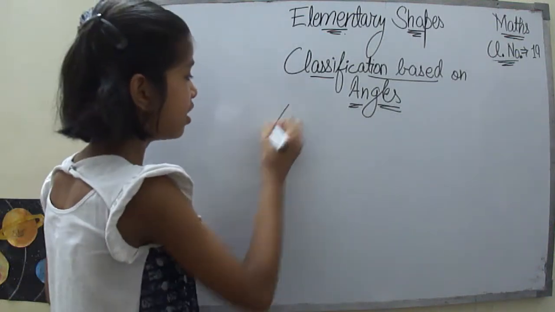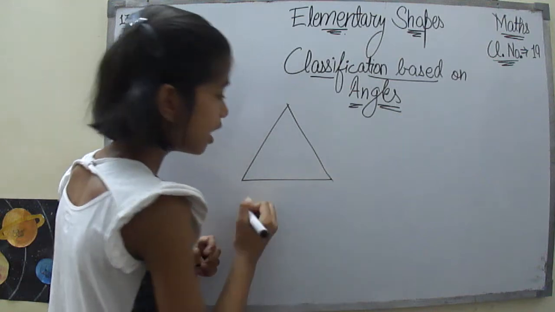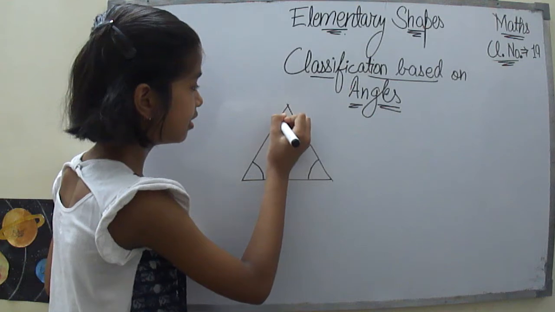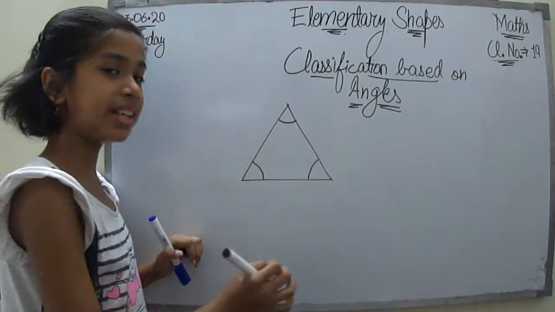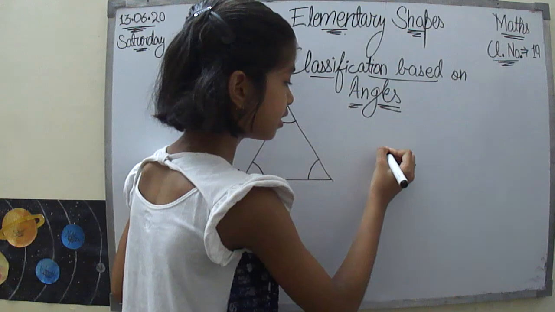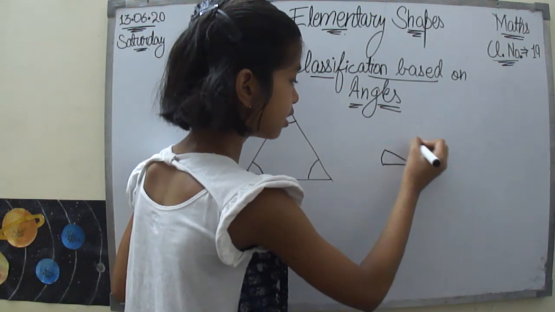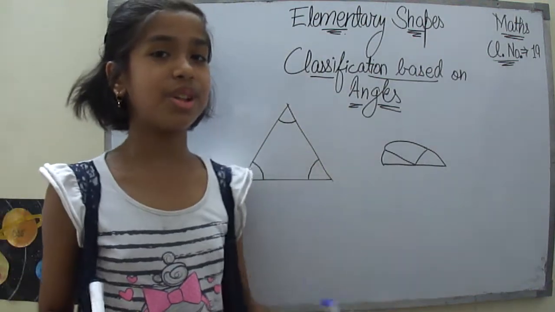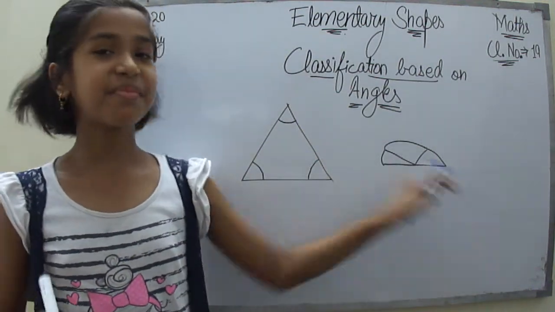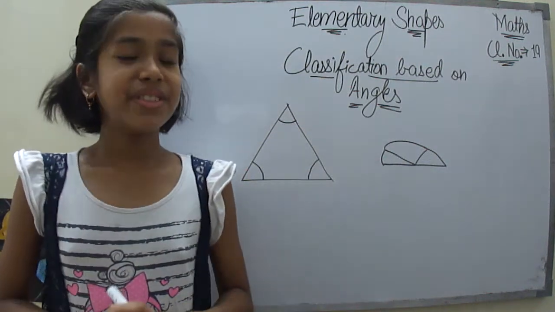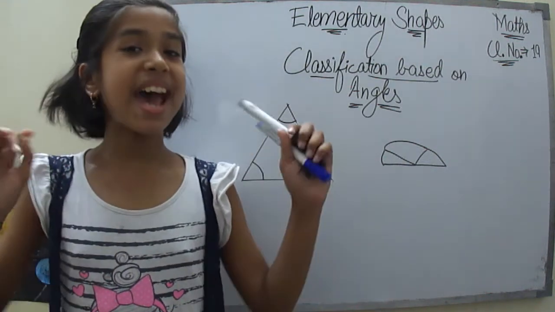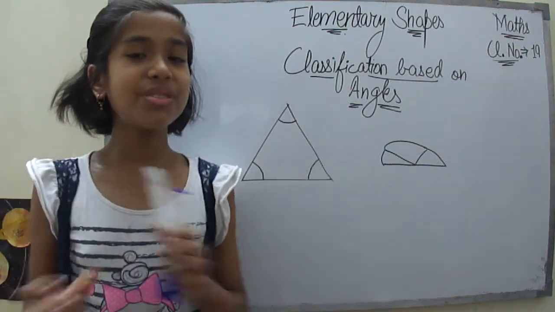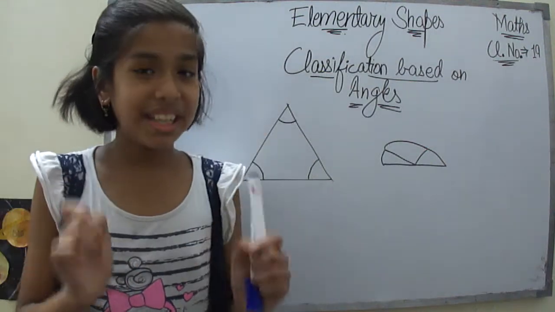If you place them together like this, you will find that they make 180 degrees. By doing this activity, you can be sure that all the angles of a triangle sum up to 180 degrees.